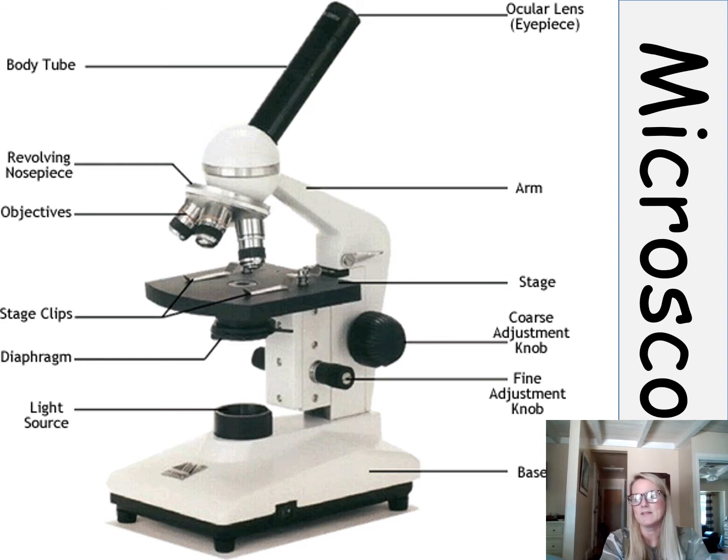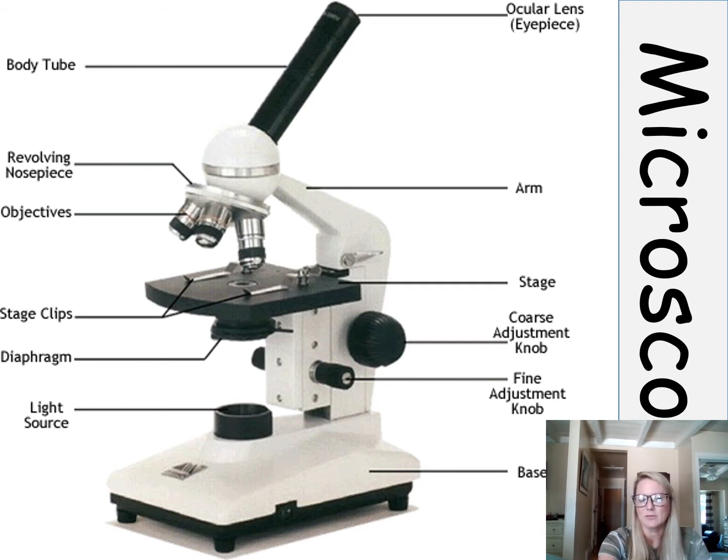The reason for that is because you can start with a low power lens or objective, and then rotate it to a higher one if you want to observe something more close up. Most microscopes that we tend to use at Dominguez are light microscopes.